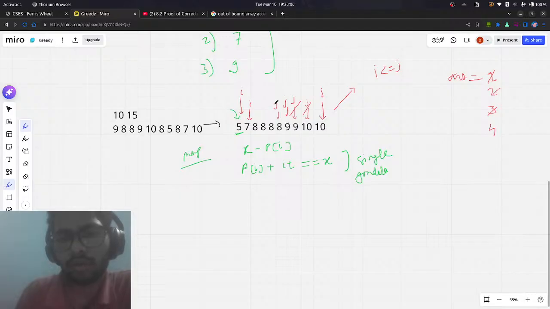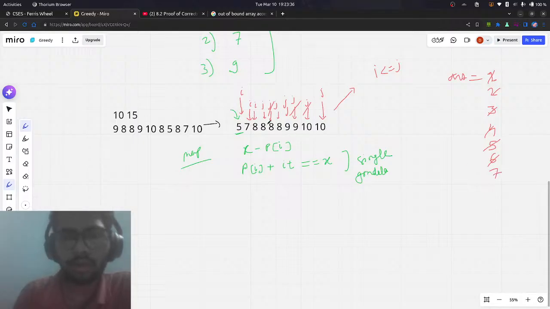We are here now. 7 and 8 are less than or equal to the given number. So we will jump here. Again, it will be incremented. We are at 8 and 8, so it will be here. Okay, so now it is 6.